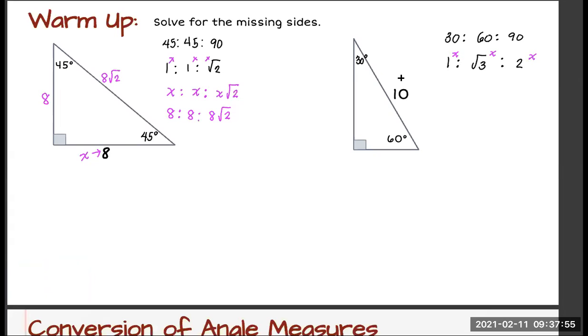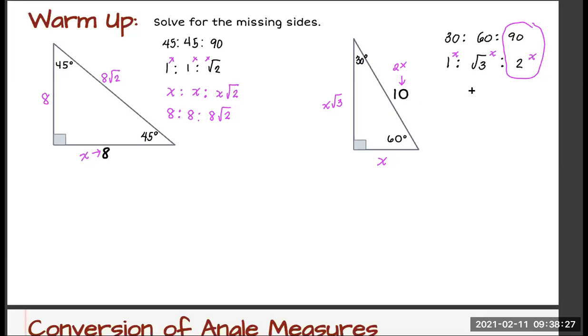what are we given? We are given the hypotenuse, the side opposite the 90 degrees. This is what's given in the figure, which means that the 10 is your 2x. This is x, this is x square root of 3. The side opposite the 30 degrees is your x, the side opposite the 60 degrees is your x square root of 3, and your hypotenuse is 2x.